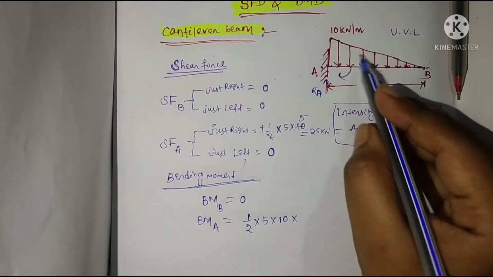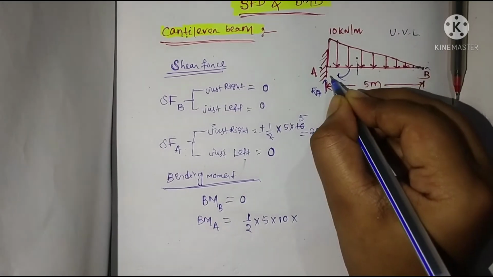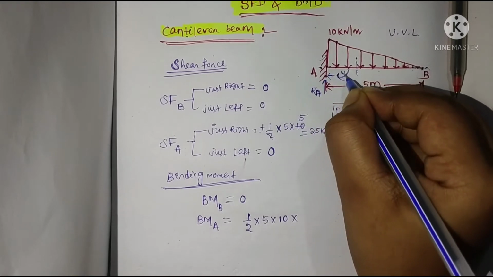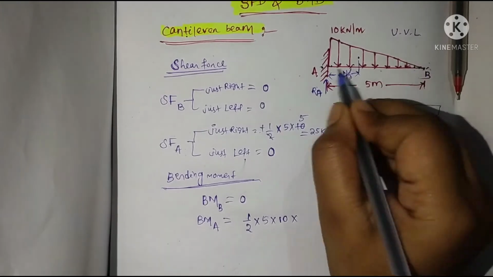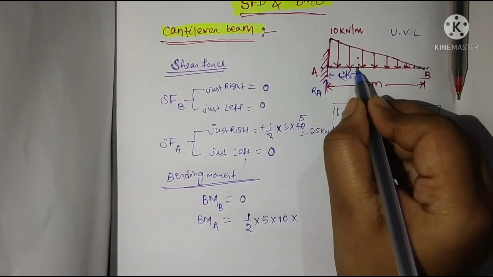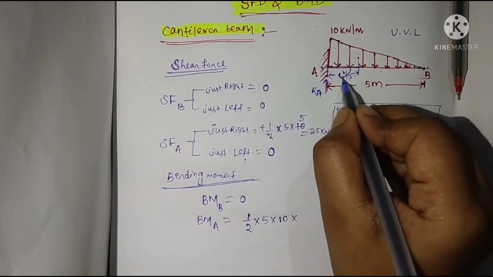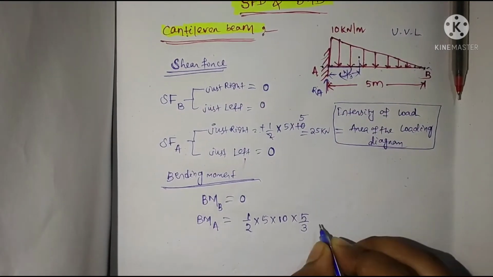In a triangle, the centroid G acts at h by 3 distance from its base. Here this is the base and this is the height, so the distance will be 5 by 3.